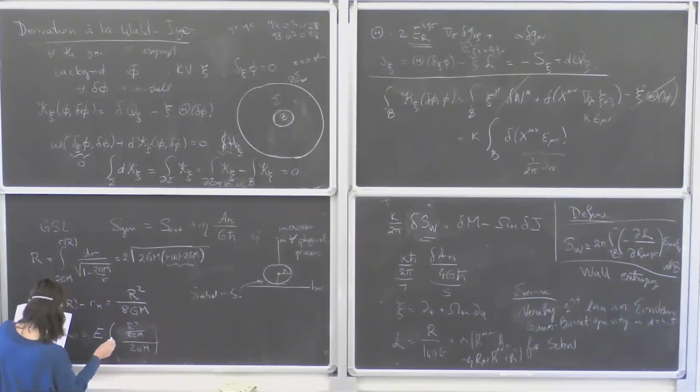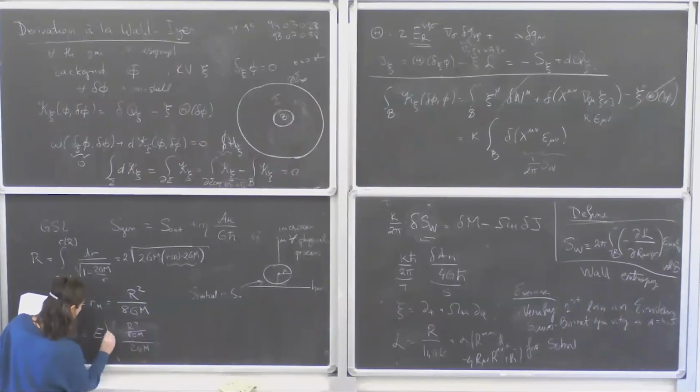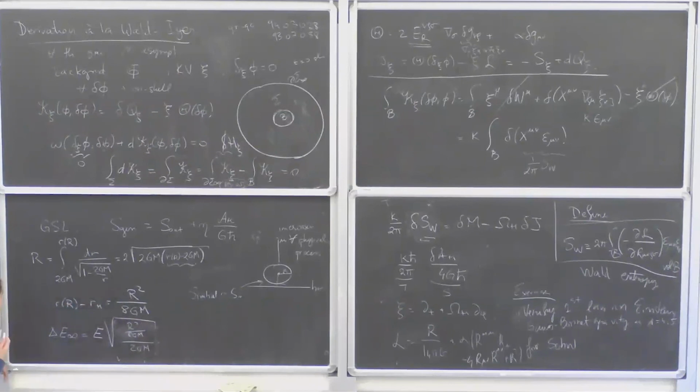And sorry, there's a square root, which is important, because I have to be multiplying by the norm of the dt Killing vector at the horizon, which is the square root of g_tt, the square root of minus g_tt. Okay. So at the end of the day, I'm just getting E times r over 4GM, which is basically the delta M.